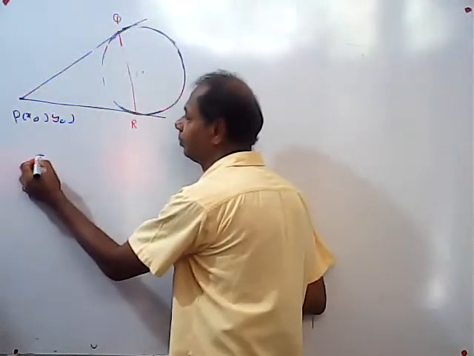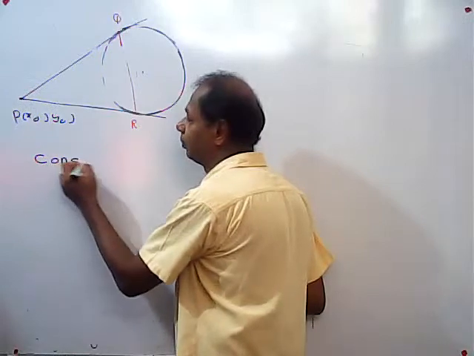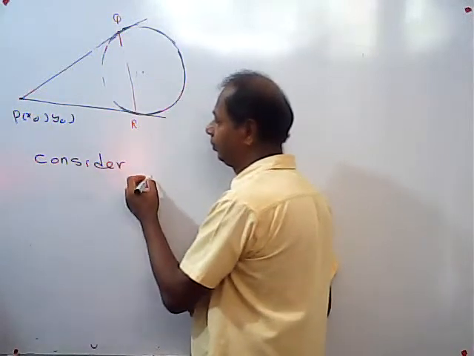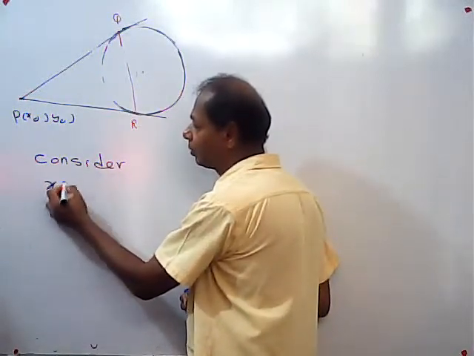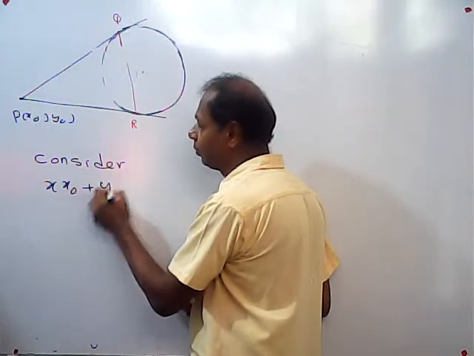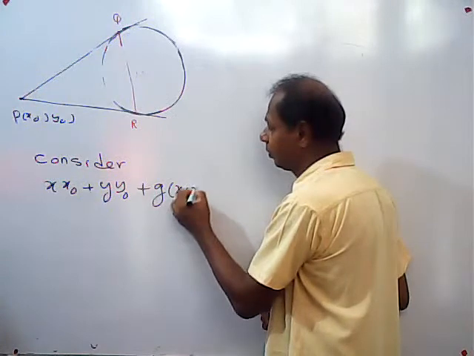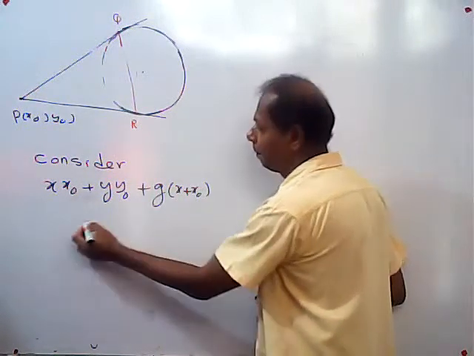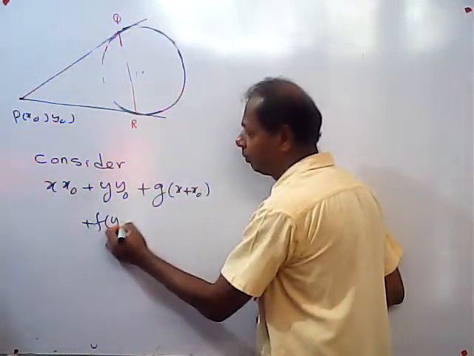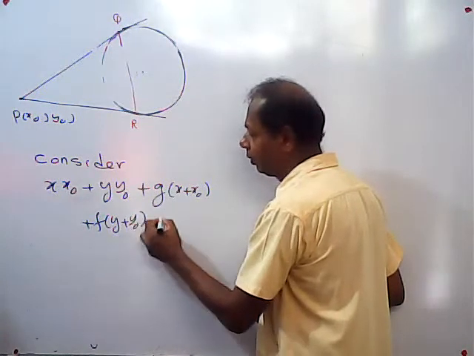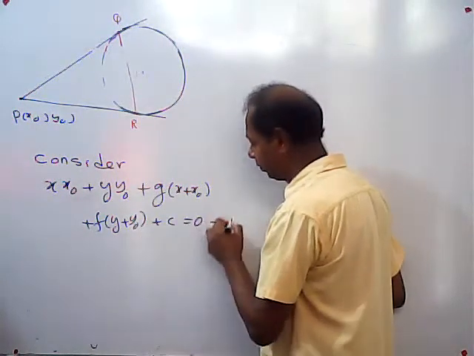Consider the formula x0 x plus y0 y plus g times (x plus x0) plus f times (y plus y0) plus c equals 0.